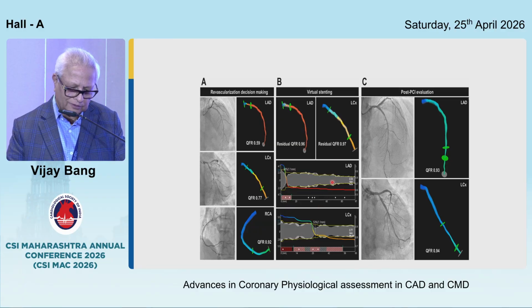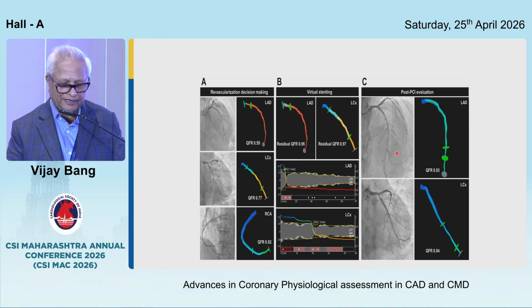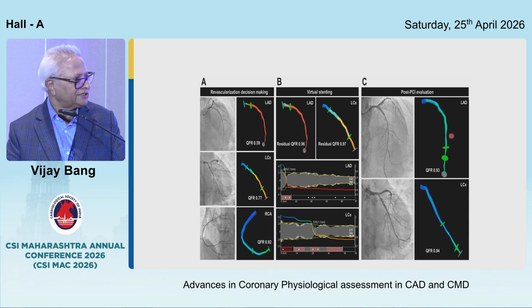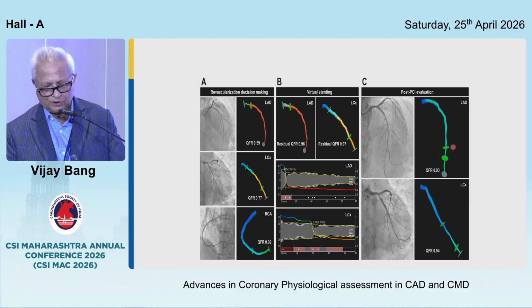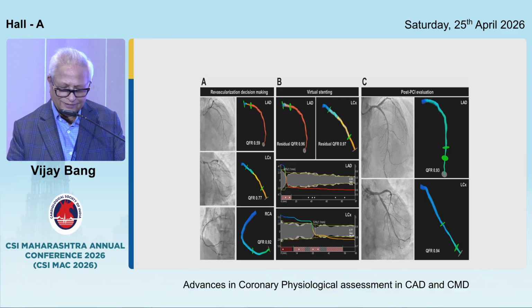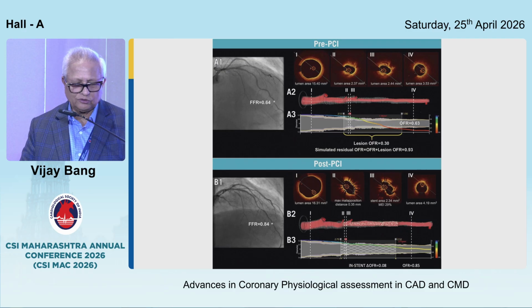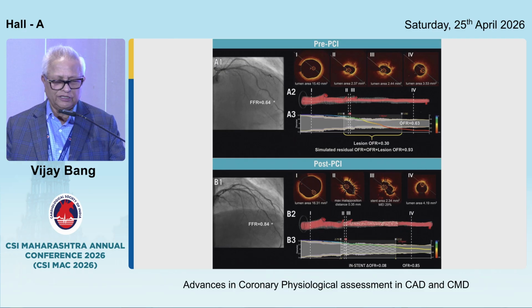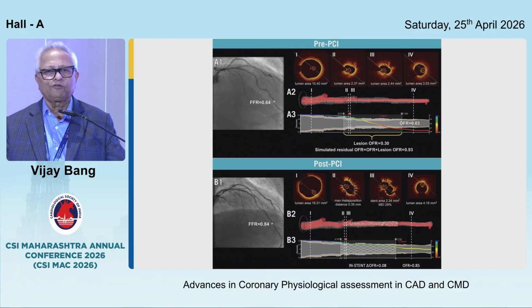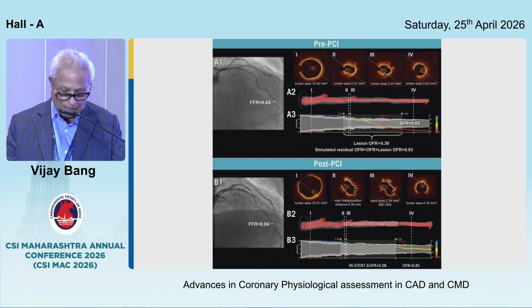Then real-time PCI is done, stenting is done, and again functional testing is done in real time by QFR, and the result suggests that it's absolutely good, 0.93 and 0.94. So it's excellent technology, and if we buy a new cath lab, we should try to get this technology. It's only software, I'm sure it may not be costing much.